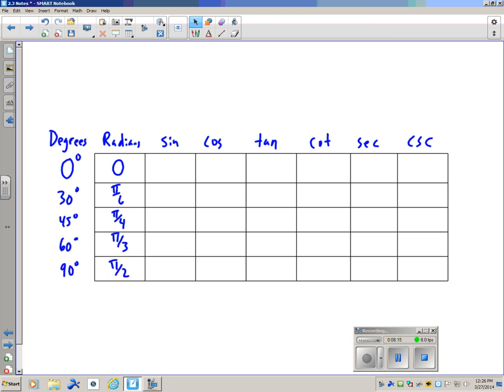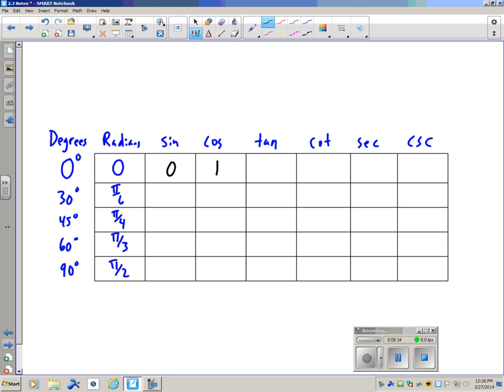So ordered pairs, at 0, my ordered pair is 1, 0. So cosine's 1, sine is 0. My 30 degrees, I'm going to go over the square root of 3 over 2, and I'm going to go up a half.